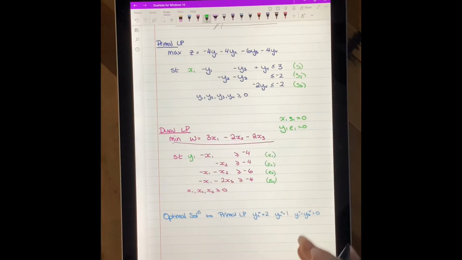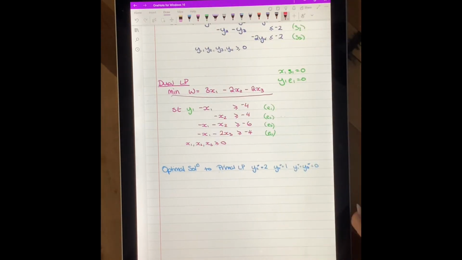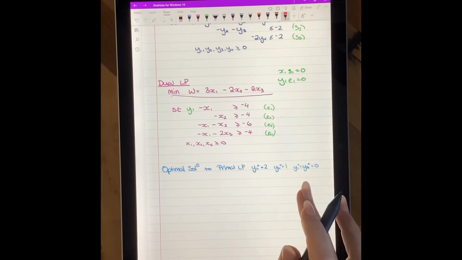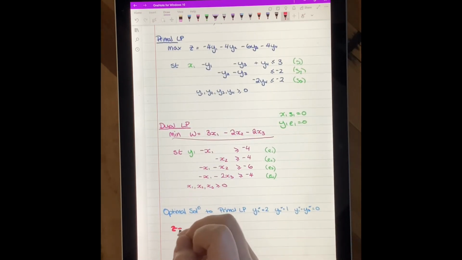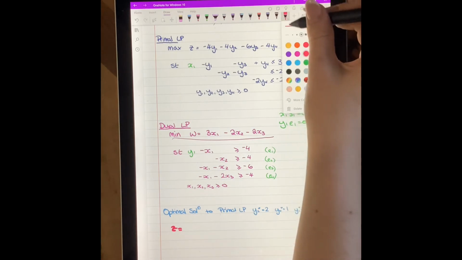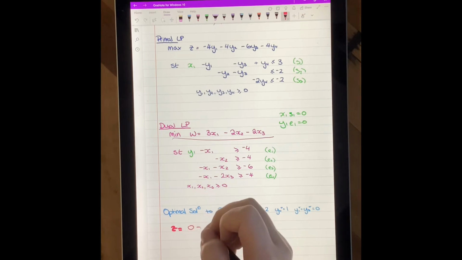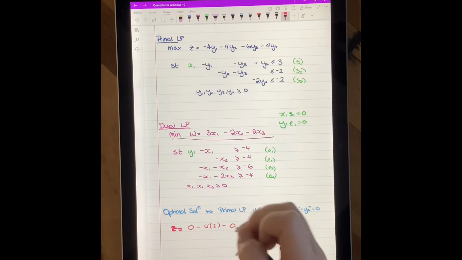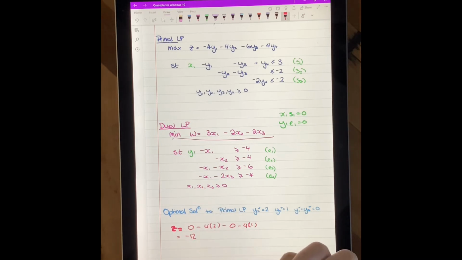So to do this, given what we have, we substitute these given variables into the primal LP, which will give us z equals 0 minus 4 times 2 minus 0 minus 4 times 1 equals negative 12.